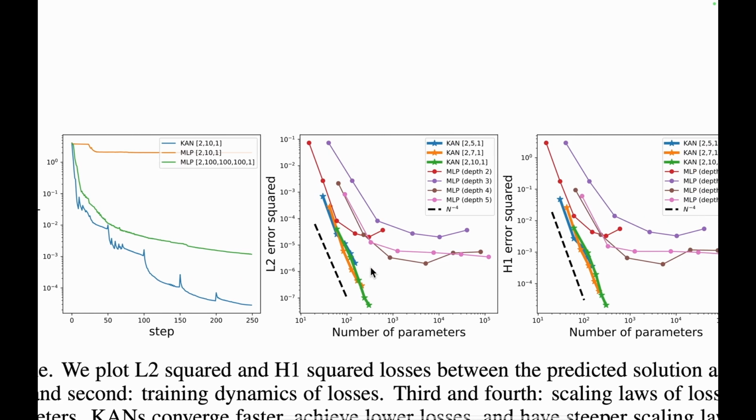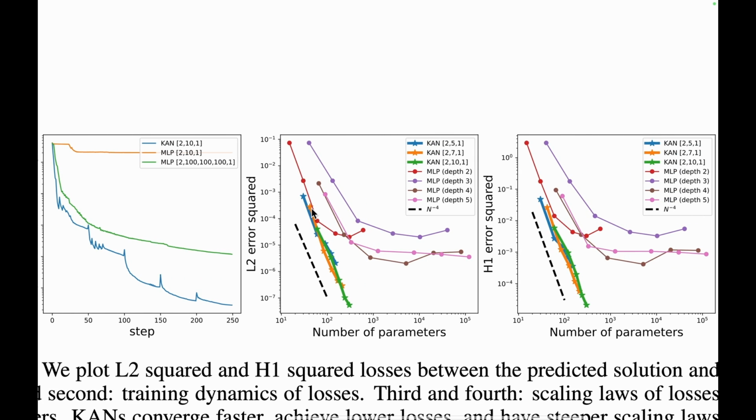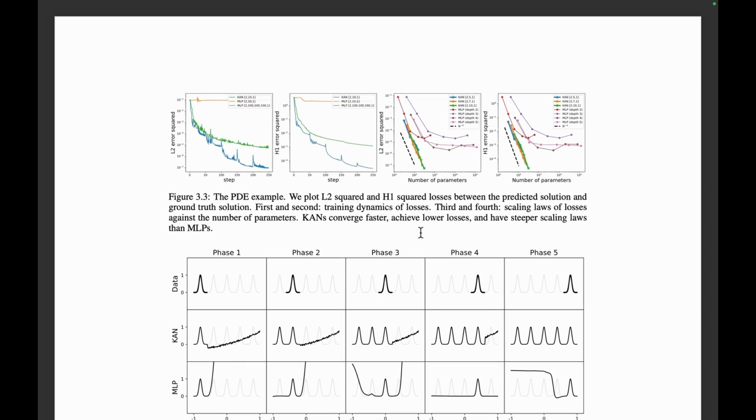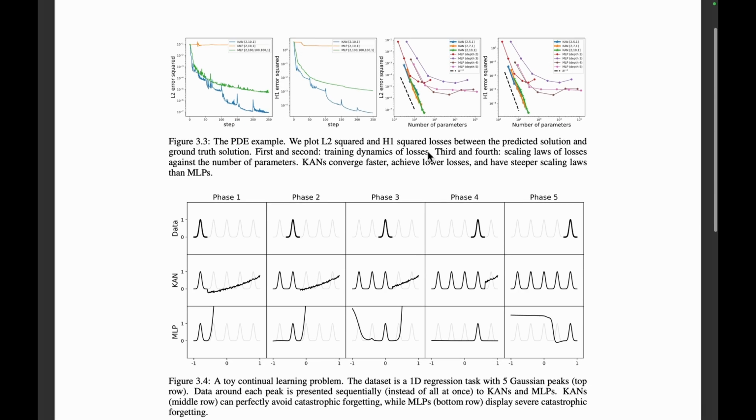The same applies for the number of parameters. So the KAN is indicated with this orange line, the green line, and the blue line. We can see that the number of parameters required decreases quite steeply for any given problem, indicating that we just need a small KAN network compared to a large multi-layer perceptron.